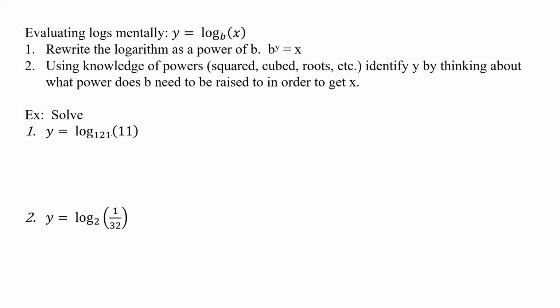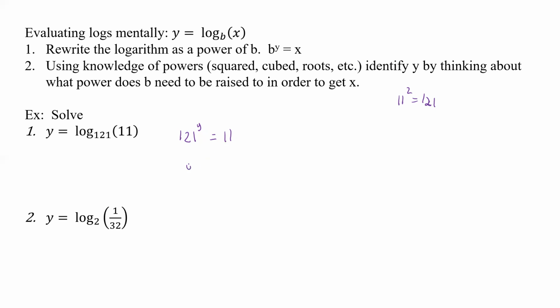Well, we're going to take 121 to the y is equal to 11. Okay. So what do we have to raise 121 to, to get 11? Well, how do we get from 11 to 121? We have to square it, because 11 squared is 121. And so to get from here to here, we have to take the square root.